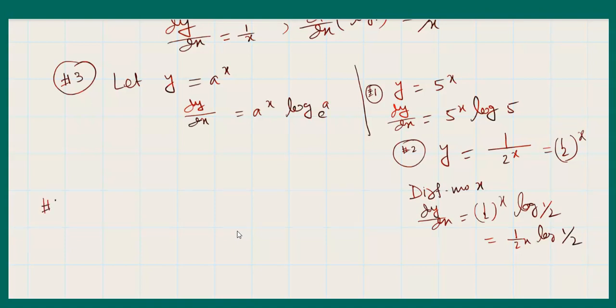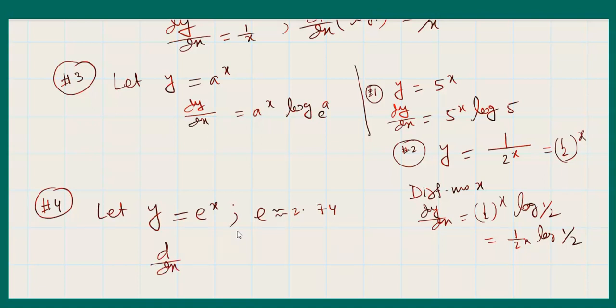Now there is number 4, that let y equal to e to the power x. E you have learned as base of logarithm, its approximate value equal to 2.74. So when you write derivative, I mean ddx of e to the power x, then it will be e to the power x only.